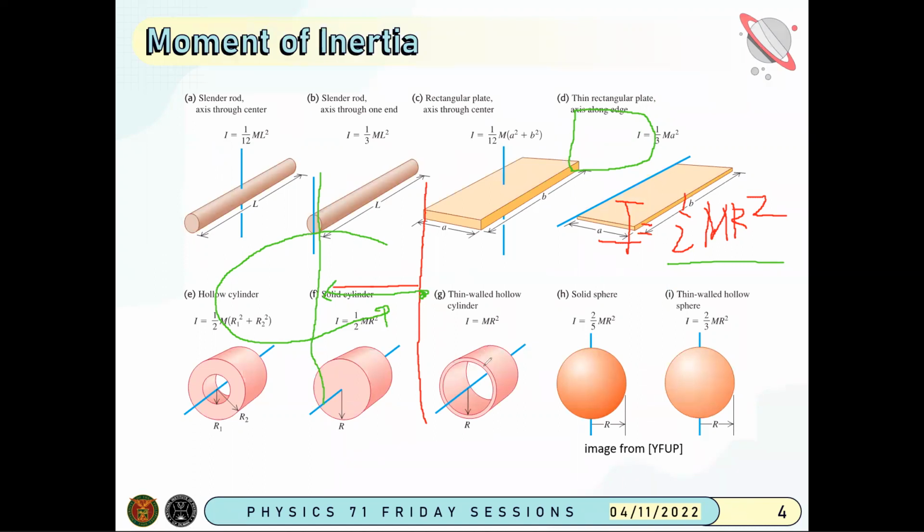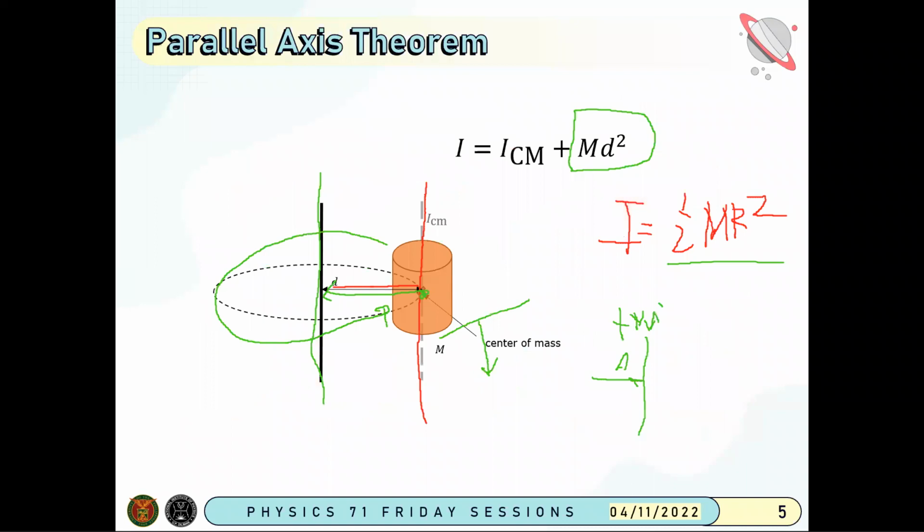Okay. So halimbawa, yung axis of rotation mo nandito na for this thin-walled hollow cylinder. Eh di kukunin mo ngayon itong distance na to. Ganon din dito. So kukunin mo yung distance na yan, yan yung i-add mo ngayon dito, plus md squared. Kung ano man yung distance. Okay? Same with all the other cases. So kaya siya tinawag na parallel axis theorem, kasi parallel yung axis.